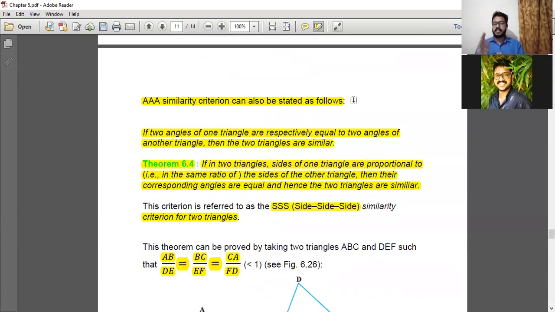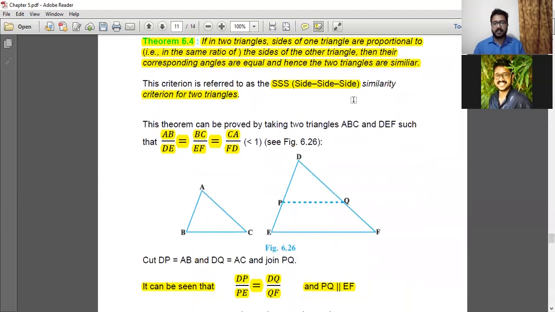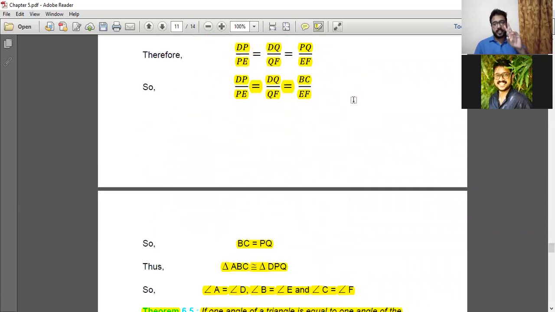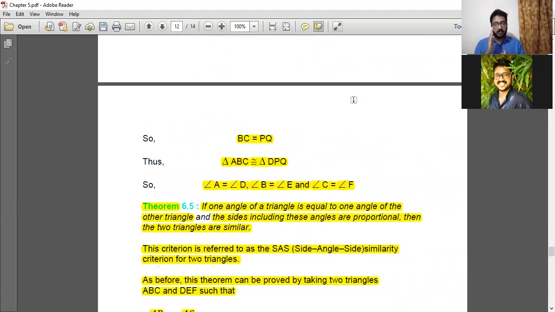Then we have seen the side similarity criterion, which means if the sides of one triangle are proportional to the sides of another triangle, then their corresponding angles should also be equal, and as a result the two triangles are similar. And lastly, if one angle of a triangle is equal to an angle of another, and the sides including these angles are proportional, then the two triangles are similar.